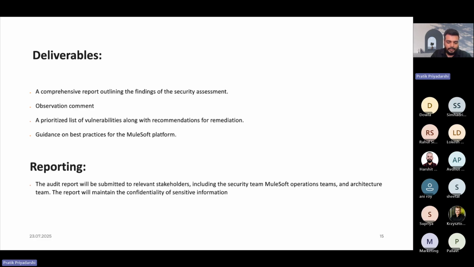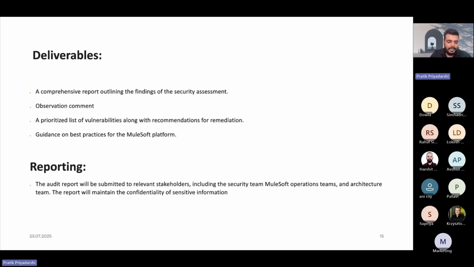We not only tell you the problem, but we also give you remediation guidance on how you can solve those issues, with reference to the best practices that need to be followed. We will provide you a platform hardening roadmap, basically a custom-fit, tailored roadmap of how your MuleSoft environment should look.